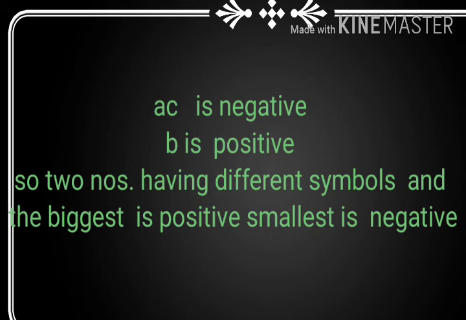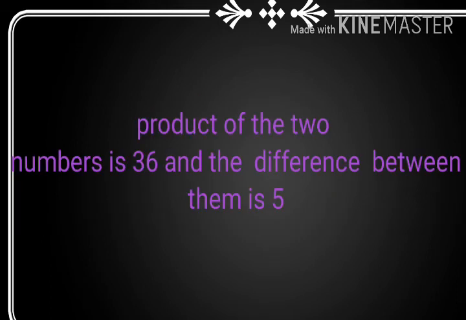One of the numbers has a positive sign, the other a negative sign, because the product is negative. So from this question we got that the product of two numbers is 36, the difference of the two numbers is 5, and the biggest one has a positive sign, the smallest a negative sign.